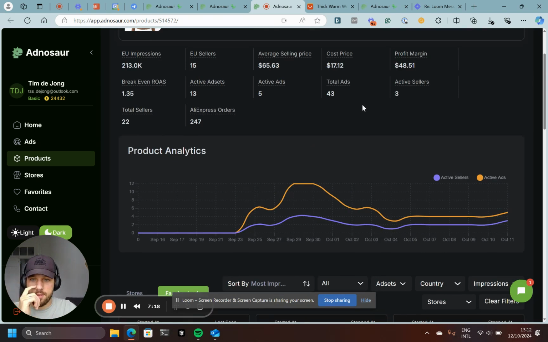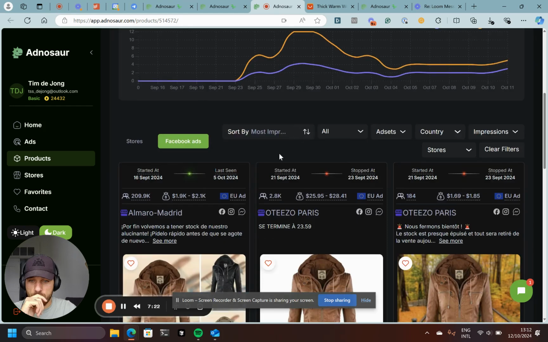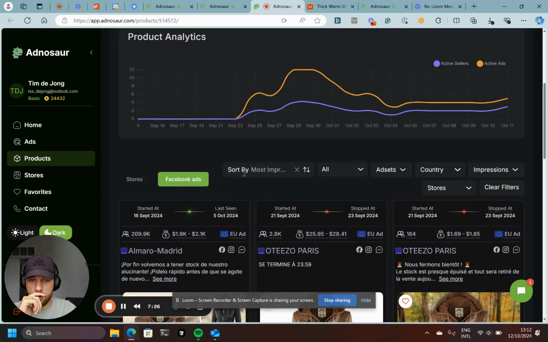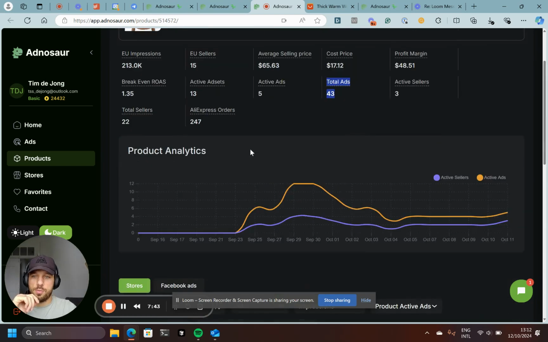I wouldn't test this because it has been 43 total ads and only one with decent impressions. Of course, not all those 43 are in EU countries. We can check it here. United Kingdom is not EU, but other than that, there are quite some EU countries in which it is tested, and in neither of those it got decent impressions. So that's why I wouldn't test this one.